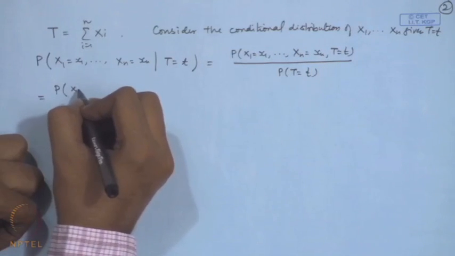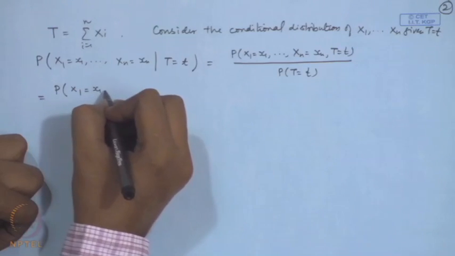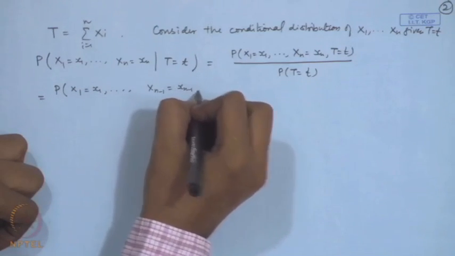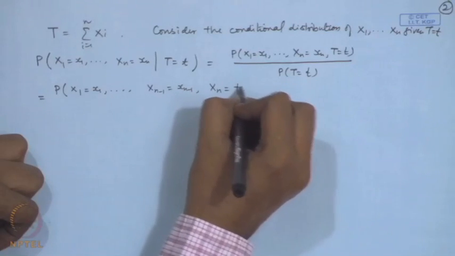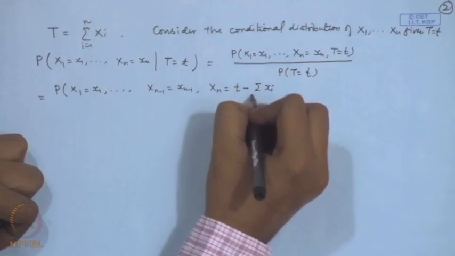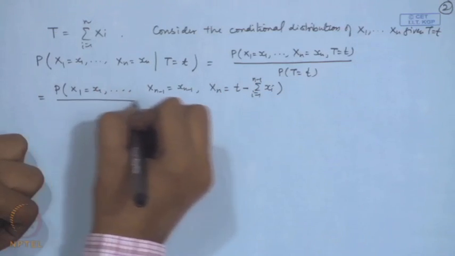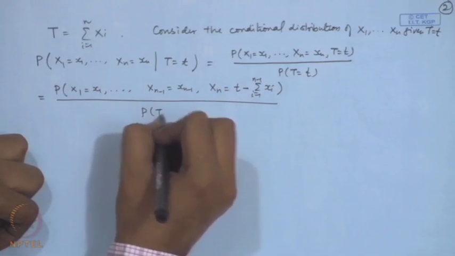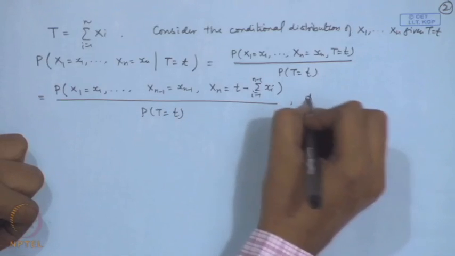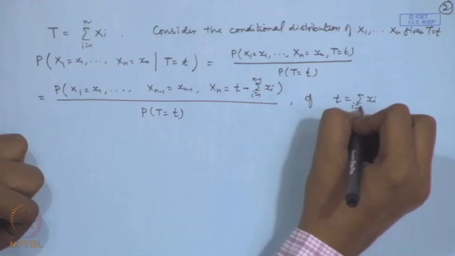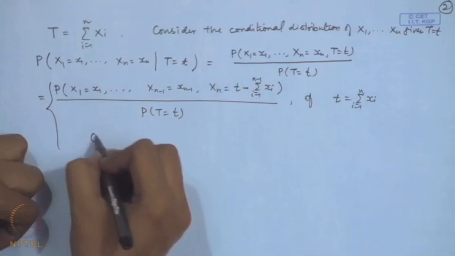So, that is equal to the probability of X1 is equal to small x1 and so on, Xn minus 1 is equal to small xn minus 1, and Xn is equal to t minus sigma Xi, i is equal to 1 to n minus 1, if t is equal to sigma Xi, i is equal to 1 to n, otherwise this is 0.